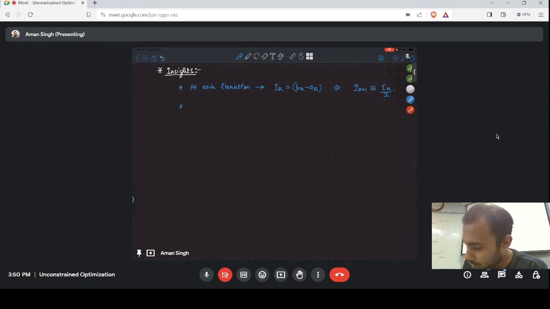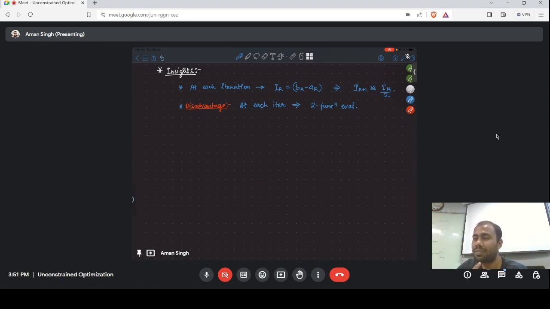The second insight, which is actually a disadvantage, is that at each iteration you have to evaluate the function twice. So two function evaluations at each iteration. For example, if you do n iterations, you'll end up doing 2n function evaluations.